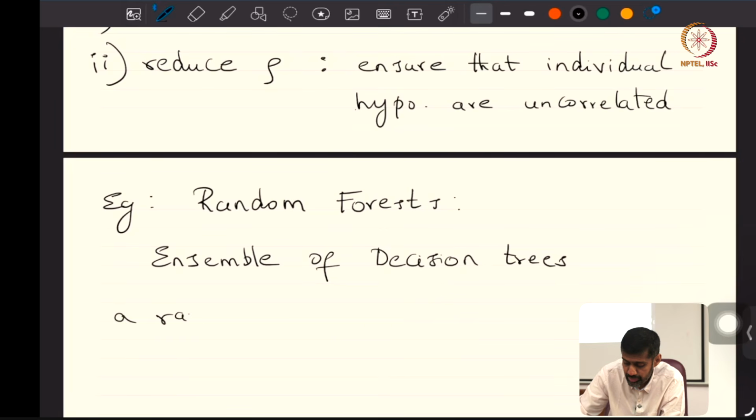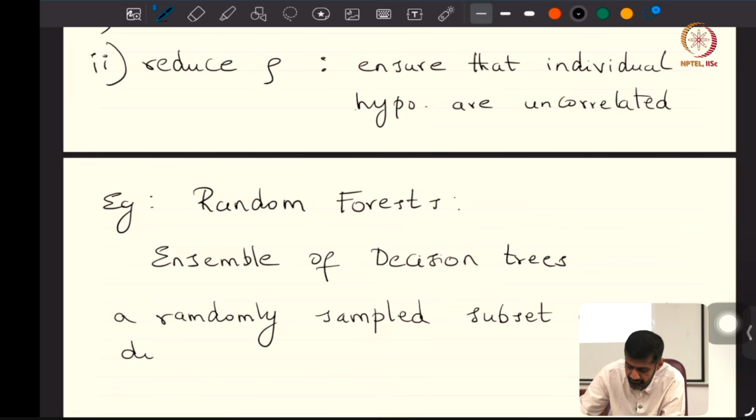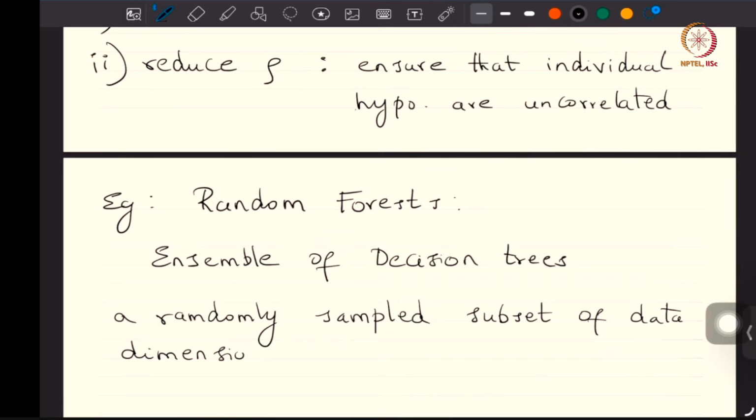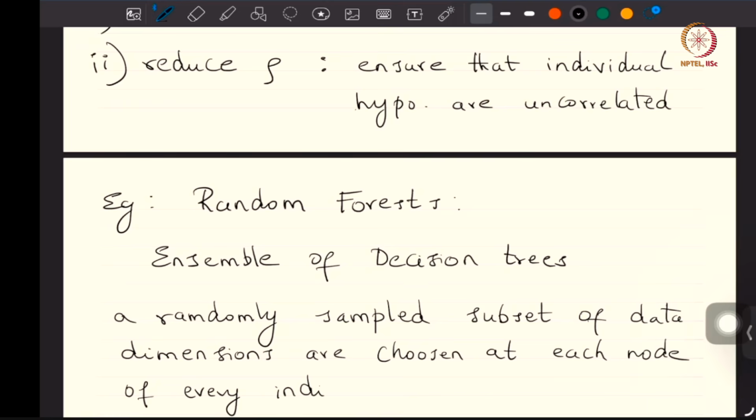A randomly sampled subset of data dimensions are chosen at each node of every individual tree, to reduce rho, the correlation between them.